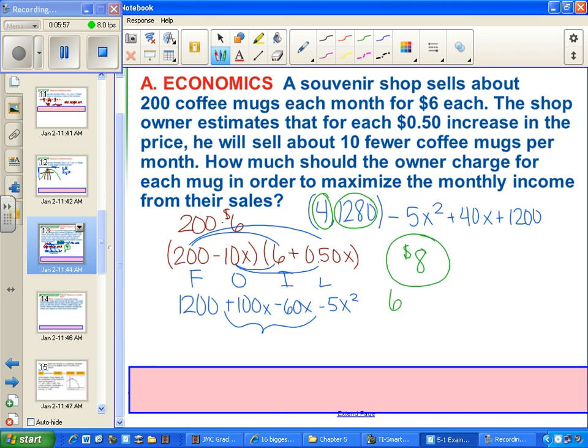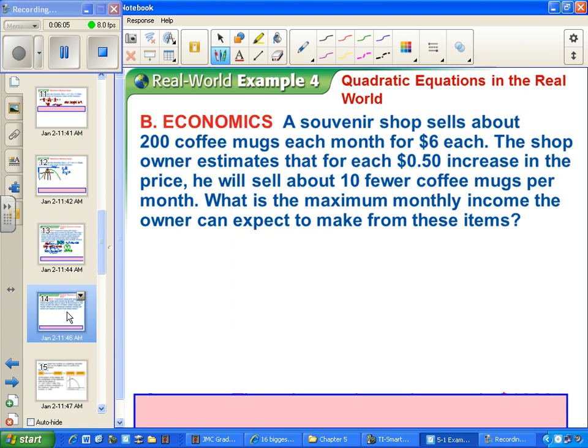So what I did was 6 plus 0.5 times 4, and that's how I got the 8. So then the next question asks, what is the maximum monthly income that they can expect? Well, that was our Y value, which was $1280.